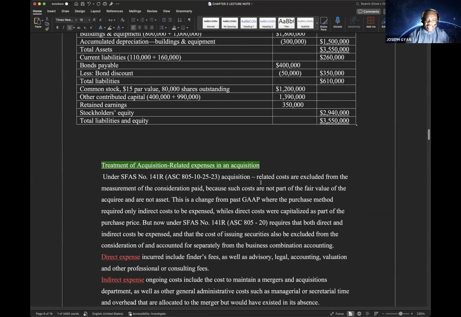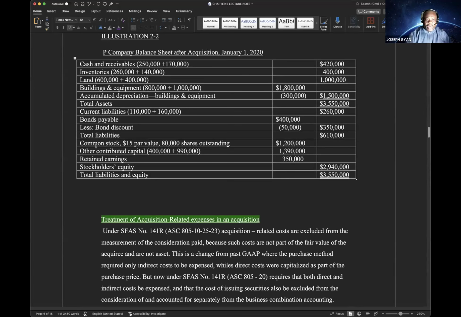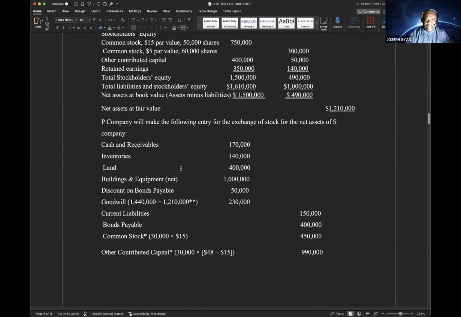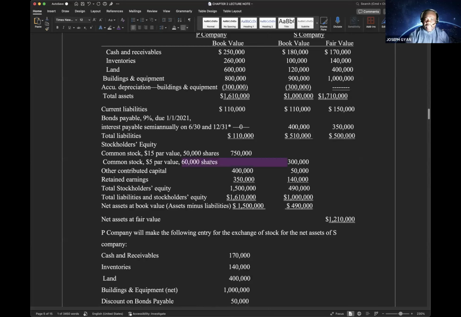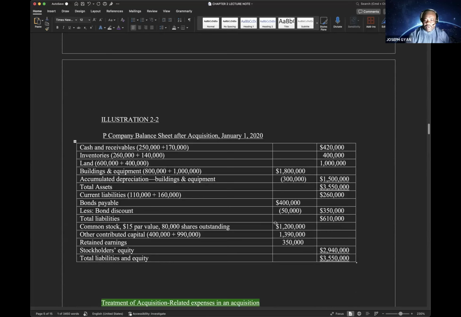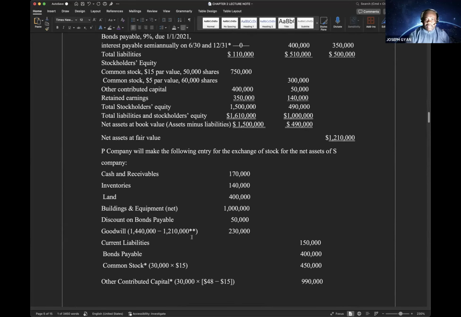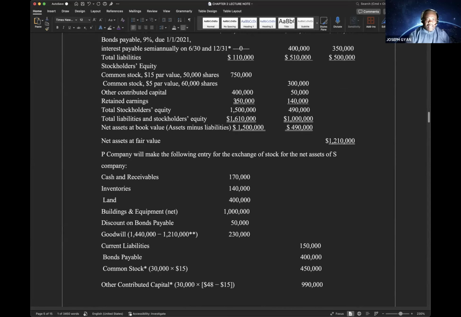So if you look at the balance sheet here, we have only the common stock of the parent company, which now equals 80,000 shares. Why 80,000 shares? We issued 30,000 here and we have the 50,000 here, so together we now have 80,000 shares. That gives us an amount of 1.2. We also have the other contributed capital, which is the 400,000 plus the other contributed capital that we have here.